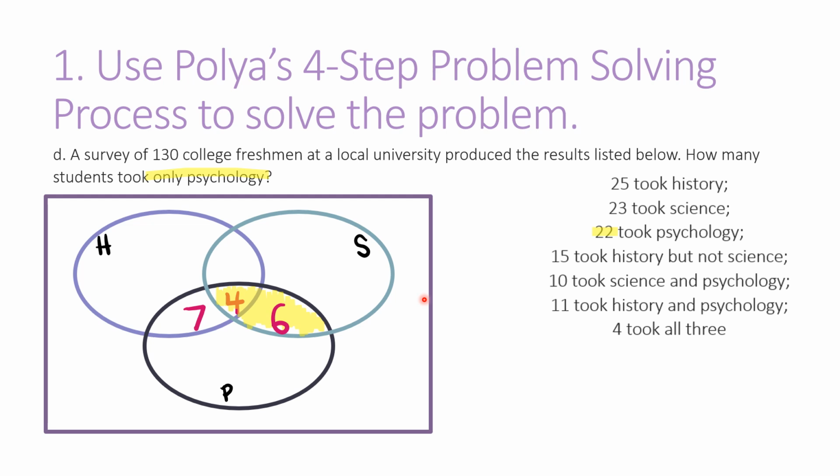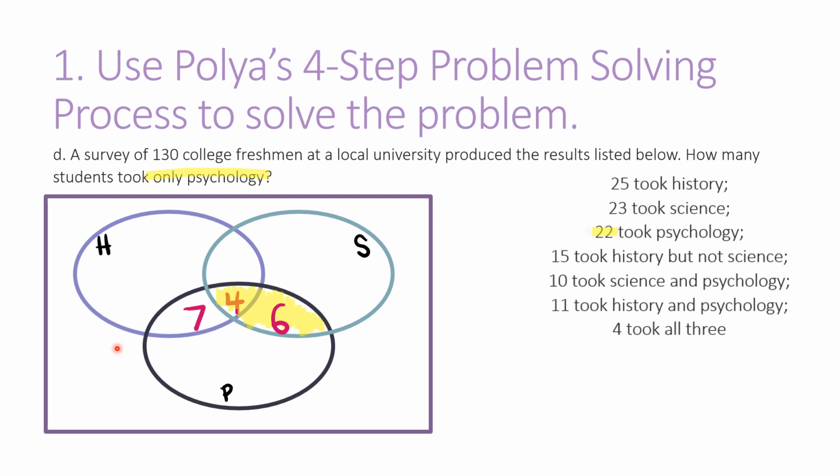Now you could go on. You could fill in this whole Venn diagram, but you don't have to. All right, so if you like this, if you want to fill in the whole Venn diagram, if you think this is fun, you go right ahead. But you don't have to, because the question was asking how many students took only psychology. So we've got everything filled in the psychology bubble except for the little chunk out here by itself, which is what we're looking for.